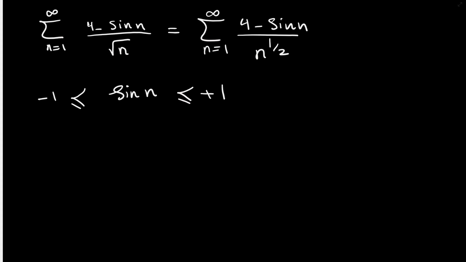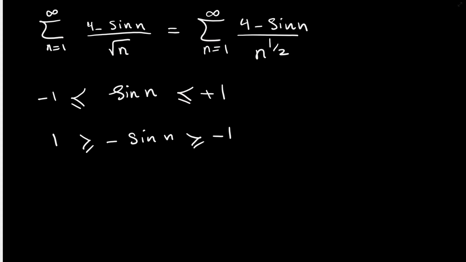Now, let's make 4 minus sine of n. To make 4 minus sine of n, the first step is to multiply this by negative. Definitely the direction of inequality changed, but still negative sine is between -1 and +1.